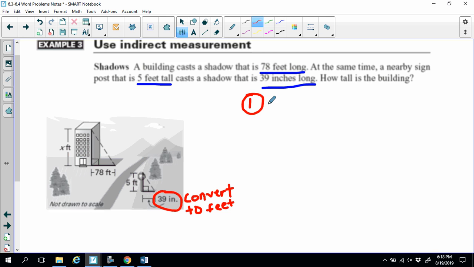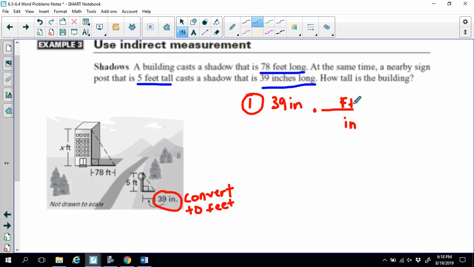Okay, so we know there's 39 inches. Now I'm going to multiply this. Now, when we're doing this, we want to make sure that our inches, they cancel each other out, so we're left with feet. So I'm going to have inches down here, and then I'm going to have feet in the numerator.